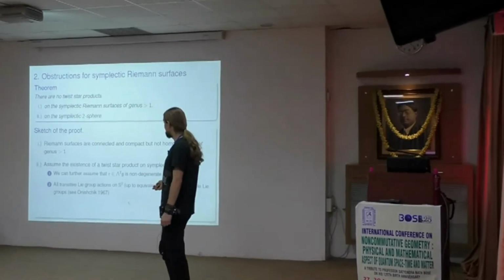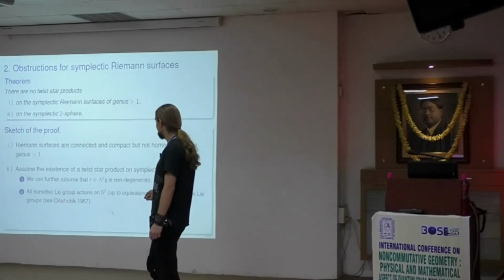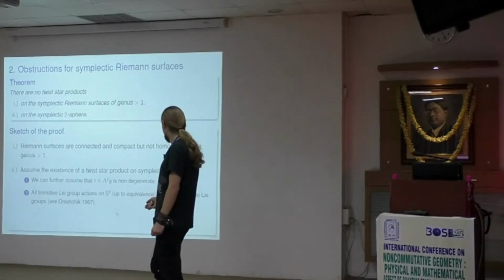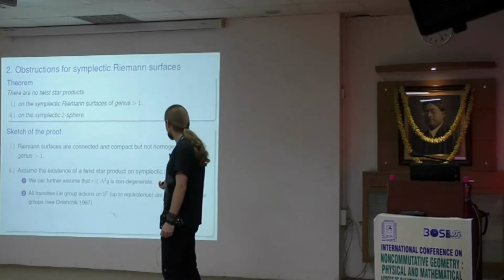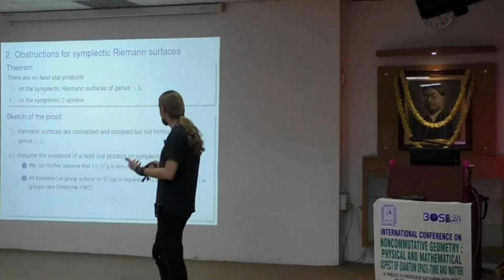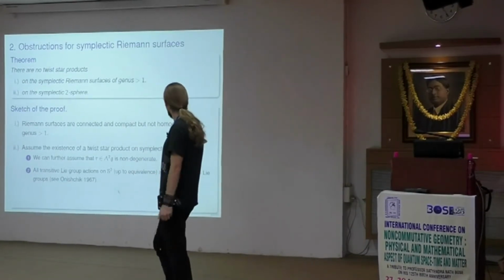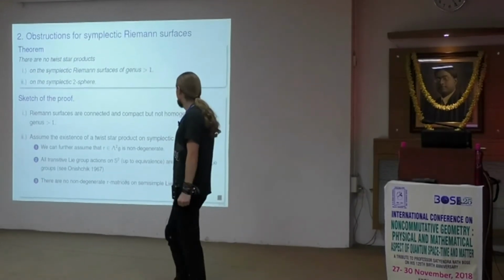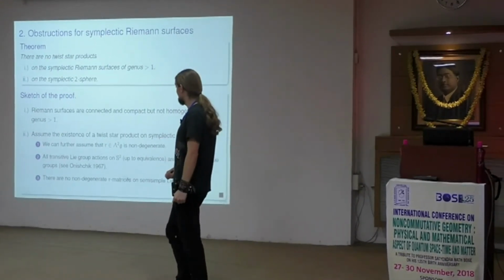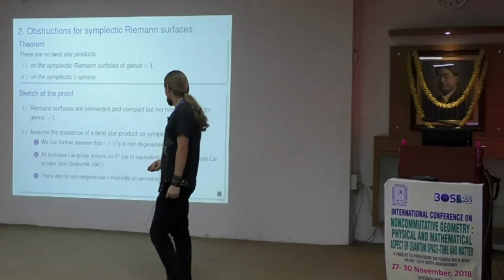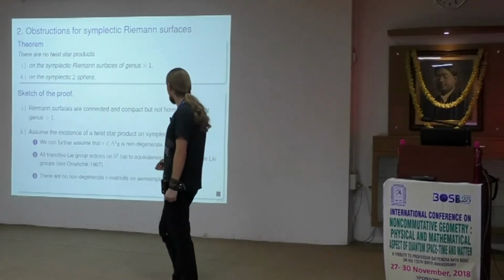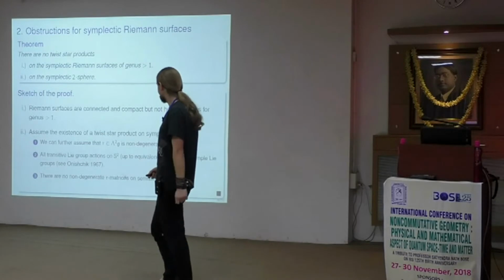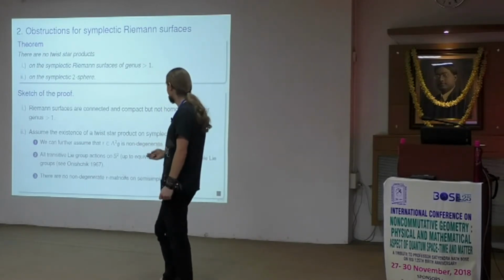And then there's a very old paper that tells you how all transitive Lie group actions on S2 look like, and that this can only be by semisimple Lie groups. Using this, you can prove that there are no twist star products on the sphere because you know that there are no non-degenerate R matrices on simple Lie algebras just by Whitehead's lemma. And this is how you prove it for the two-sphere.